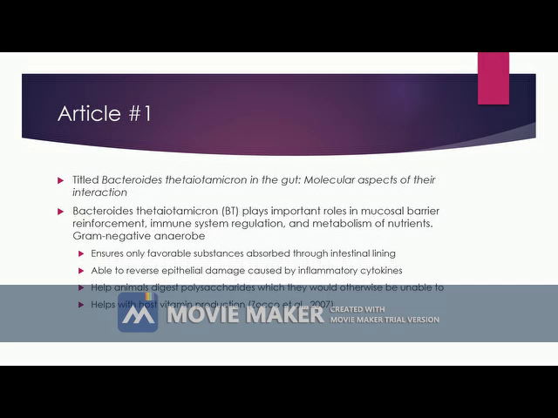It was also able to reverse the epithelial damage caused by inflammatory cytokines. One of the main ones I recognized was the tumor necrosis factor, which was able to reverse the damage of that. It also helps animals digest polysaccharides, which they would otherwise be unable to.